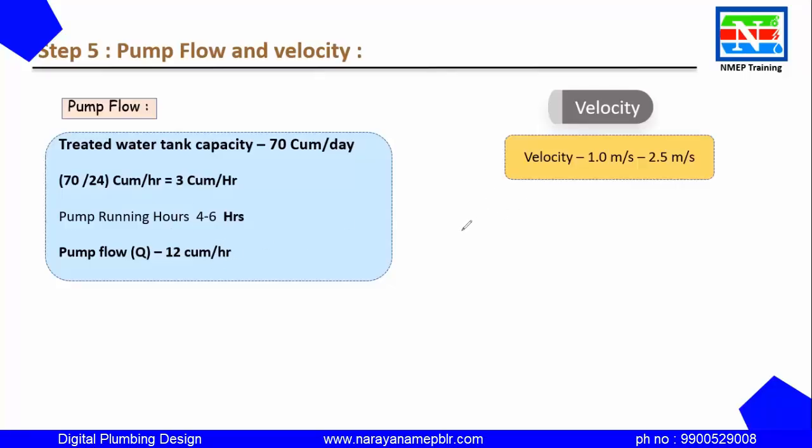How to make the conversion? 12 cubic meter per hour, how to make it in LPM? 12 cubic meters, convert into liters, so we get liters per hour, then convert into minutes by dividing by 60.